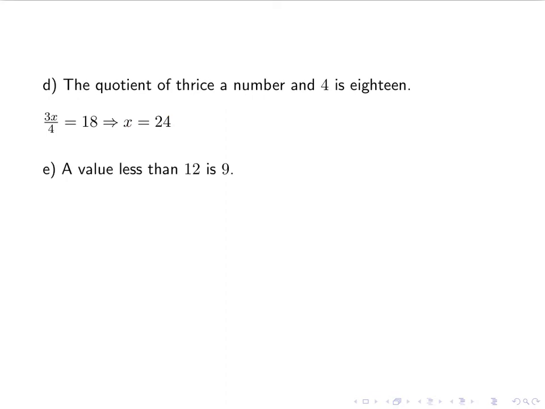A value less than 12 is 9. So less than means subtraction. And again, with this word, it's actually the opposite of the order you see it in. So it's going to be 12 minus a value.